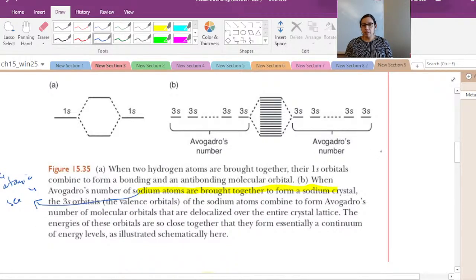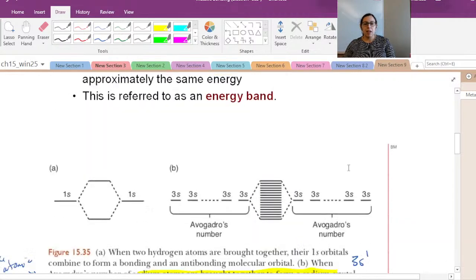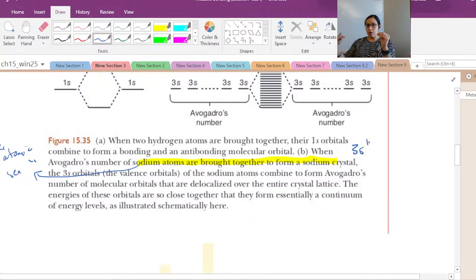And so obviously we know that our sodium has a valence electron in our 3s1, right? And then there's only one electron. And so the oversimplification of this is, okay, when n atomic orbitals combine, and usually you think about it as Avogadro's number, but basically we produce half bonding and half anti-bonding. And then if we only have one electron, right, we're always going to fill in the bottom one first.